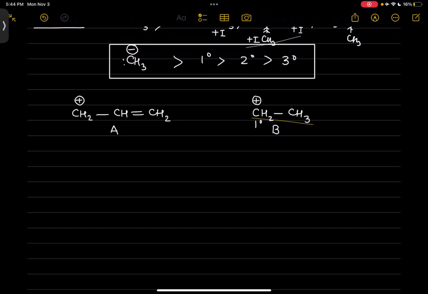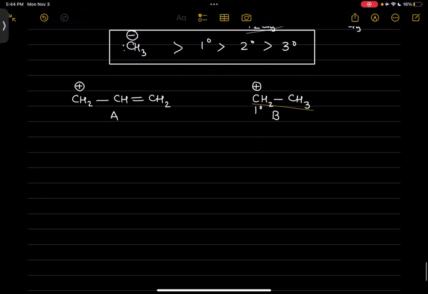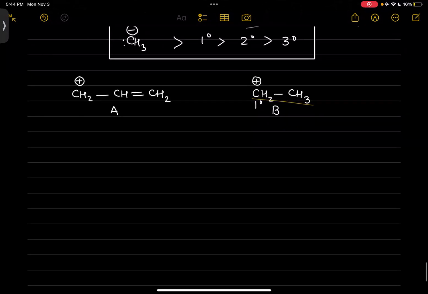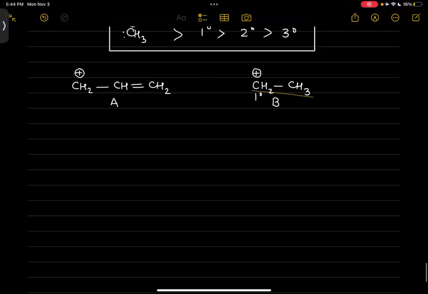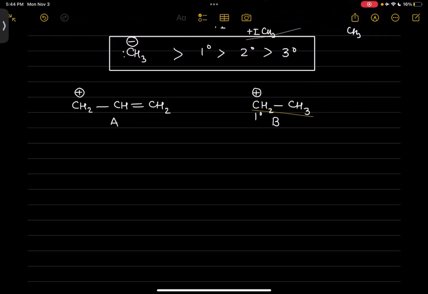Yes, sir. So where the positive charge is more stable, where it is getting the electrons, that we need to think.